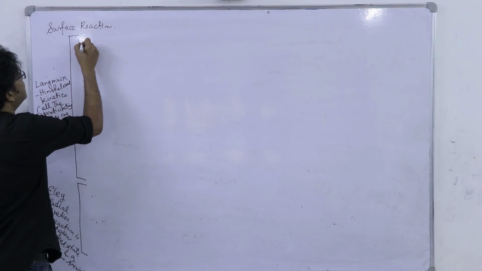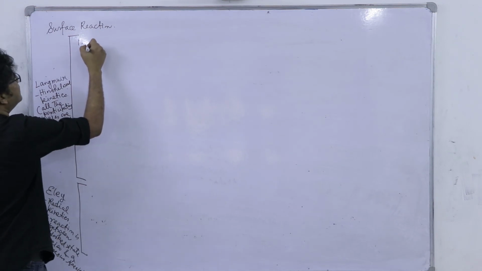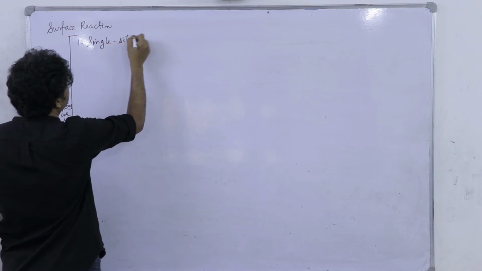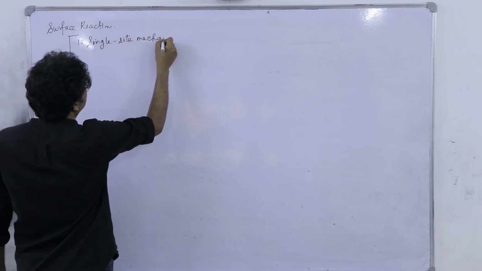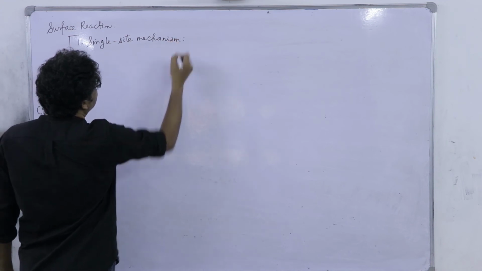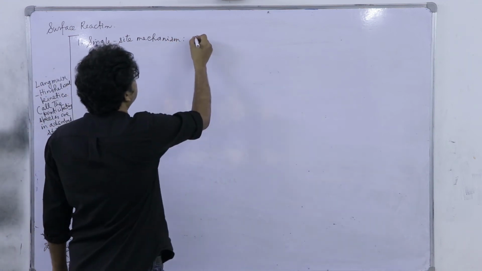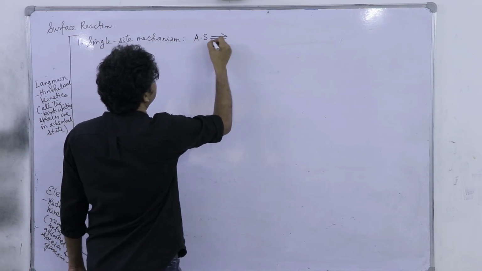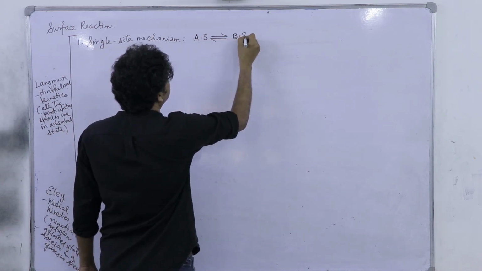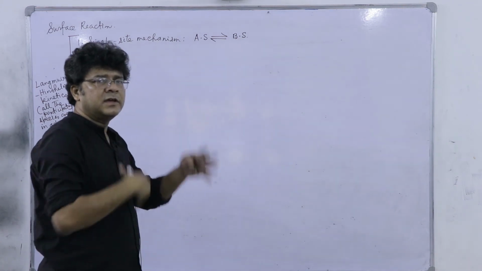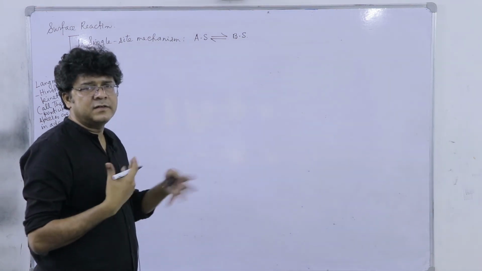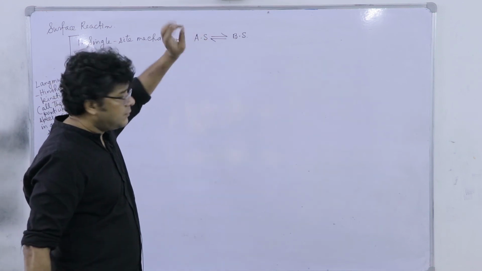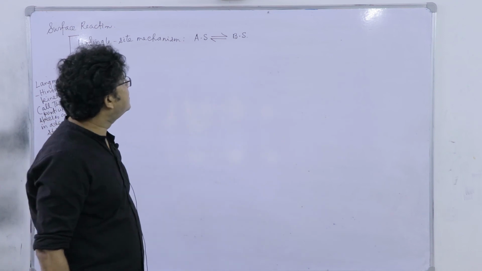So, here we have two broad groups, one is called the single site mechanism. What is the reaction? A dot S giving simply B dot S. It's adsorbed, it transforms because of this energy rearrangement into product B, which is also in the adsorbed state.